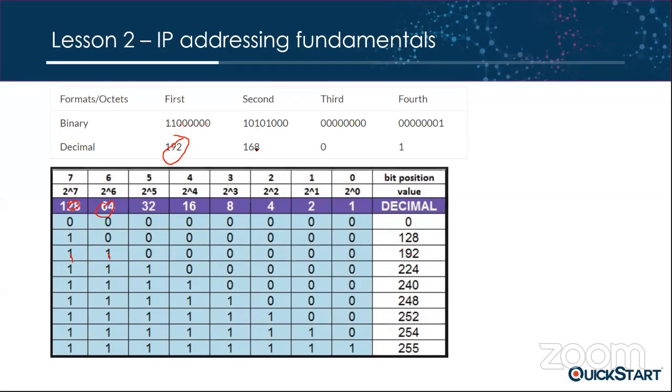Same goes with 168, right? We need 128 here. After that we need 32, and then this bit. So this bit on, this bit on, this bit on. See, 1, 2, 3. Others are zeros. So that's how the binary and decimal conversion works.